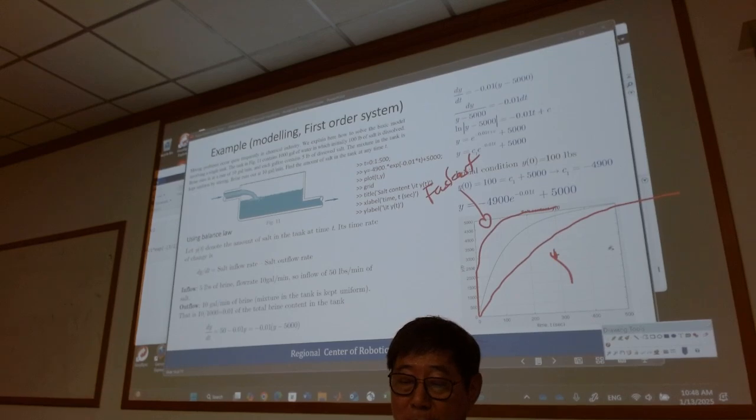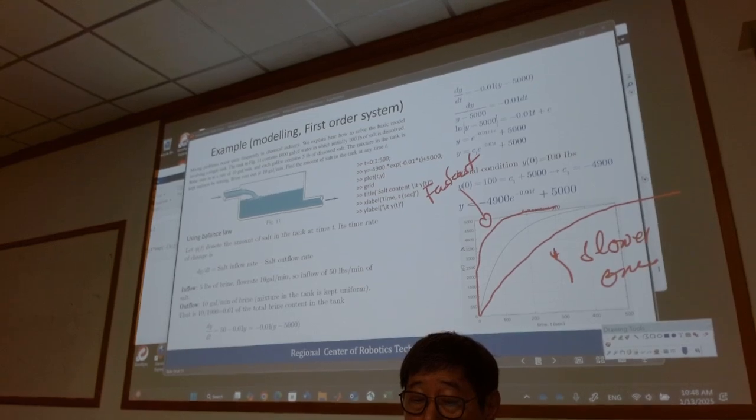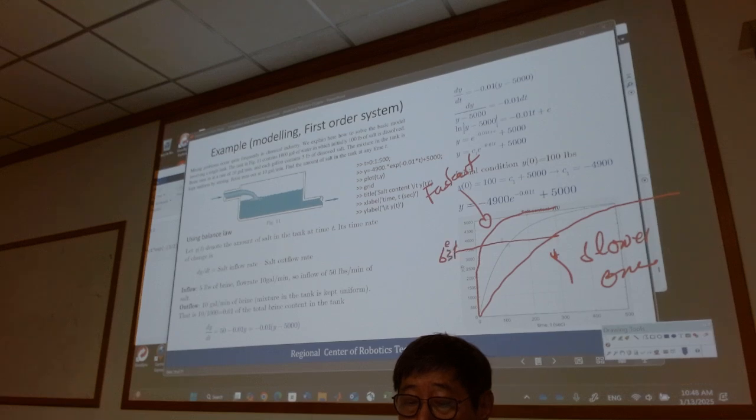This one is the slowest one. Compare this one: 63% here. This one, how 1, how 2, how 3, let's say.